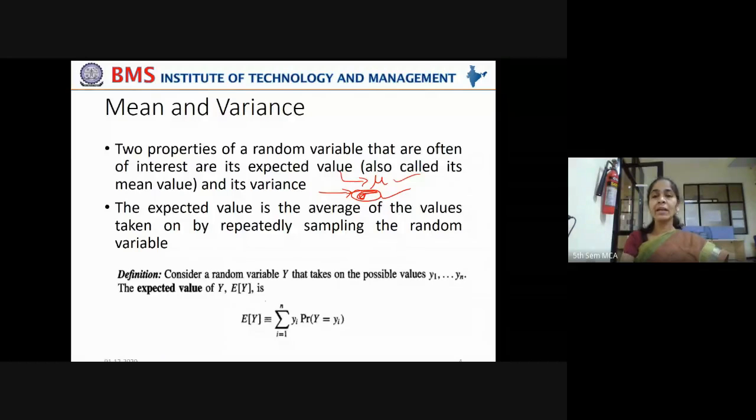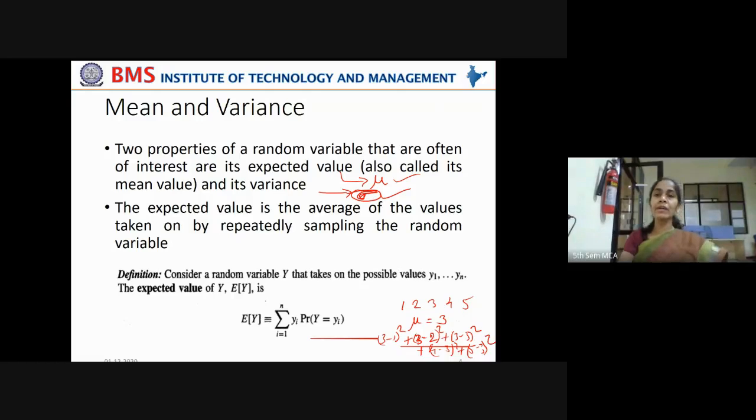I'm repeating again. Say you have data points 1, 2, 3, 4, 5. What will be the average, mu, of this? 3. Now how to calculate the variance? 3 minus 1 whole square, plus 3 minus 2 whole square, plus 3 minus 3 whole square, plus 4 minus 3 whole square, plus 5 minus 3 whole square.